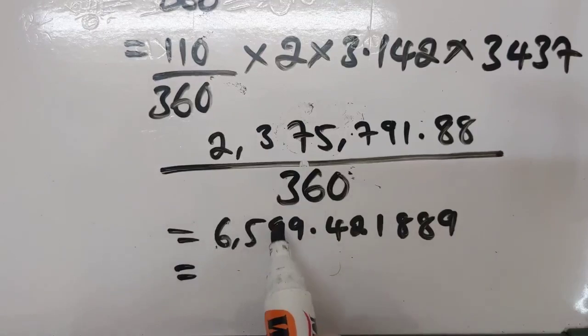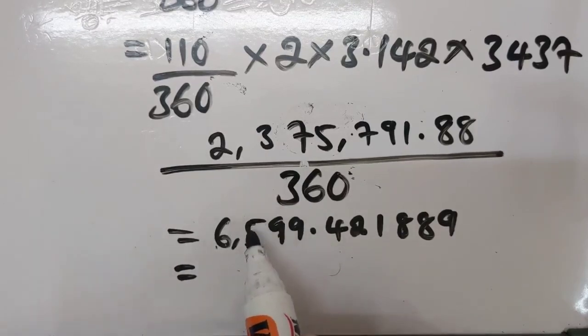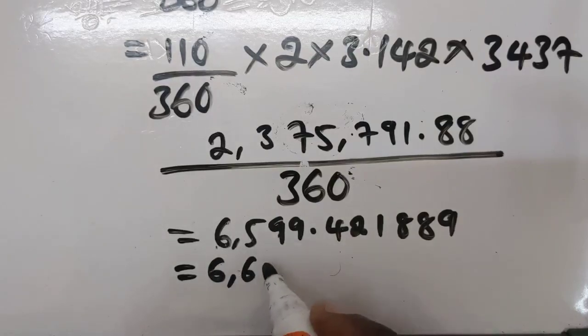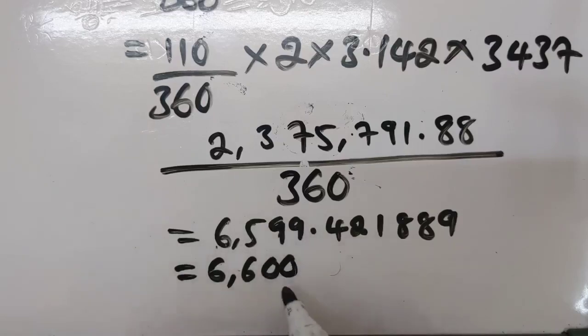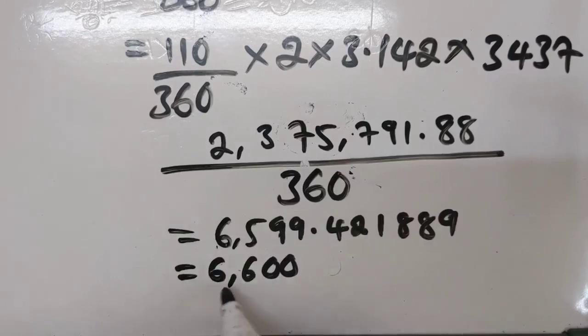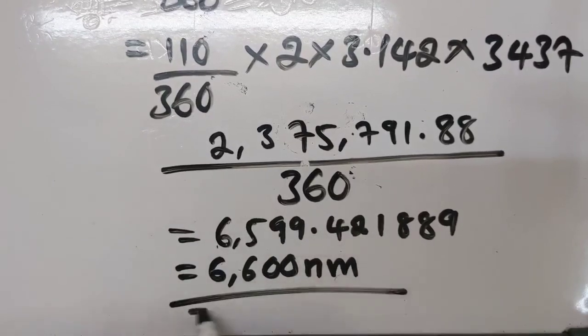So this one becomes 10, you get 1 again and add to this one. So it is going to be 6,006, then here just put zeros. Don't put a point.